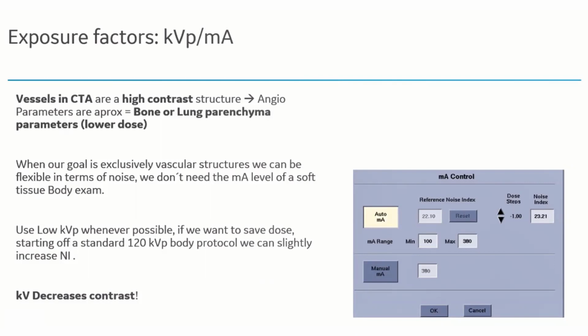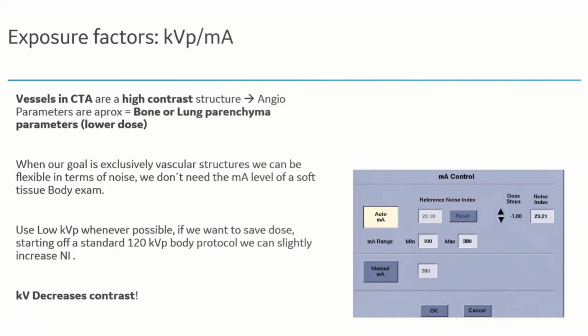On this mA control, you're telling the scanner to modulate between 100 mA and 380 mA. However, you don't want your noise to go too high. So you set your noise index at 23.21, so it stays within that.